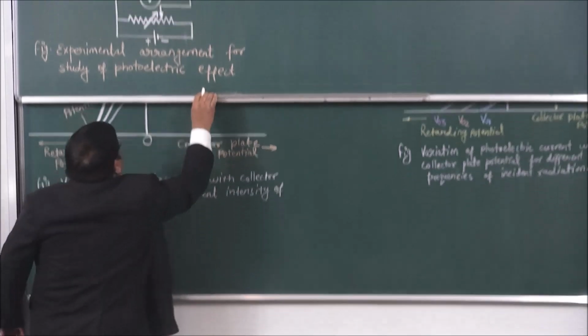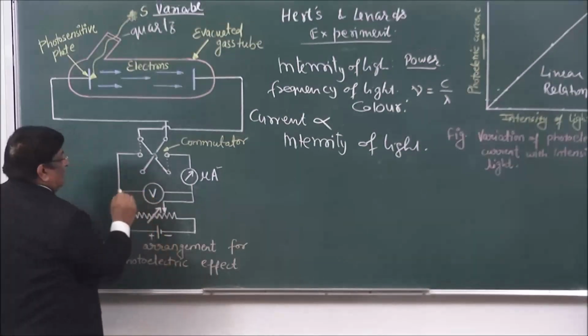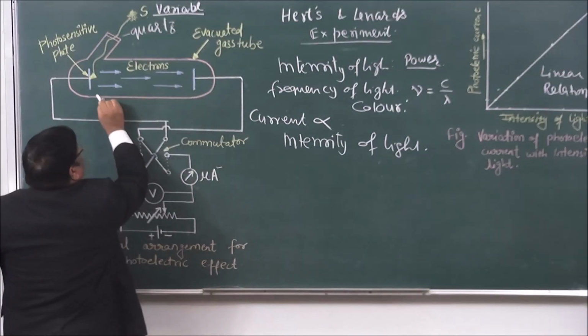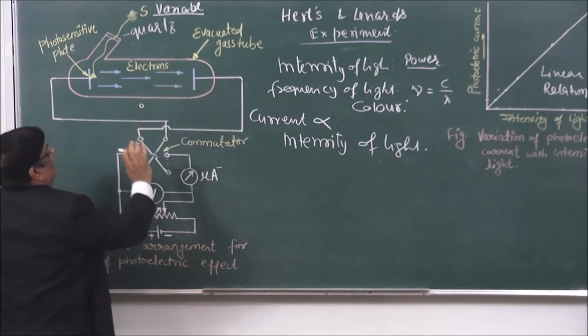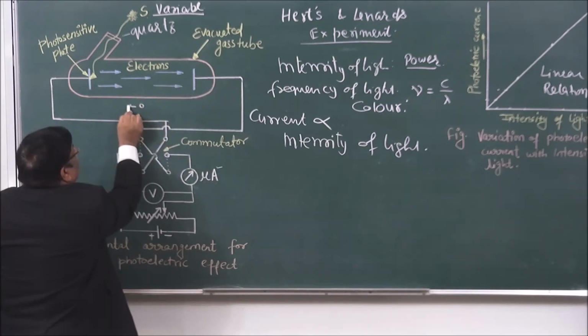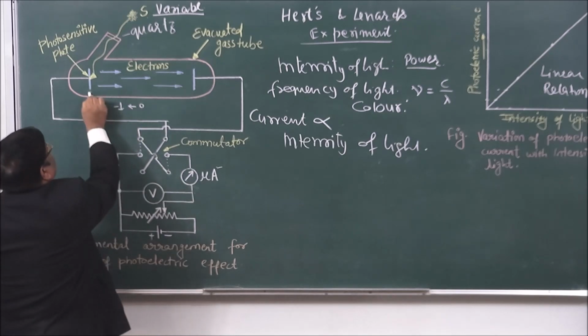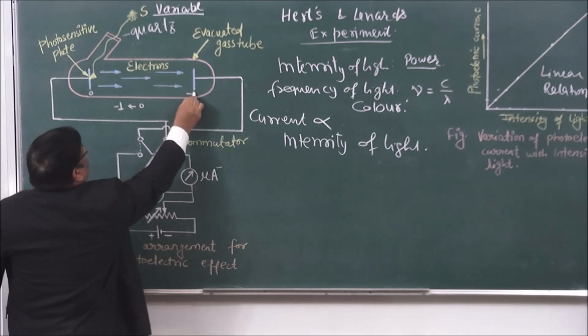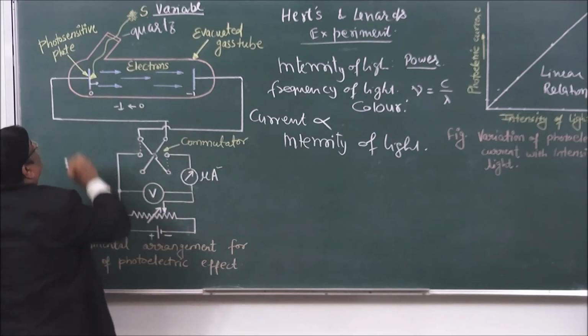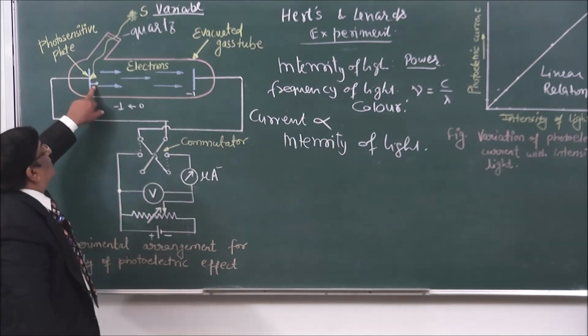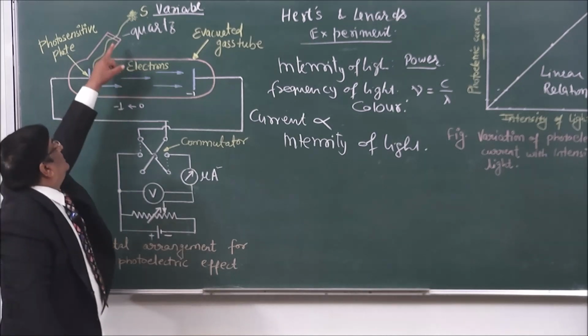Now when we decrease the potential, what happens? If this potential was 0, there was a certain amount of current. When we make it minus 1, what will happen? This is 0 volt, this is minus 1 volt. When an electron is ejected from here, why is the electron ejected? Due to this light.